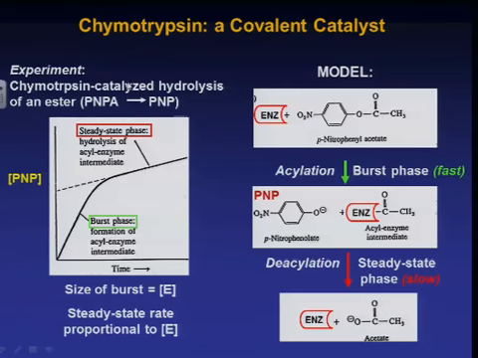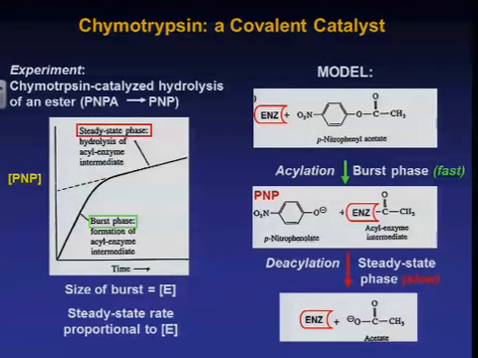So in this experiment, the workers took this ester, PNPA, which is here, and the product is PNP, and so they were able to look at the velocity, the rate of this hydrolysis reaction with chymotrypsin. So they're monitoring the amount of product. It was optically detected. It's not that important. You're looking at the rate of appearance of your product as a function of time.